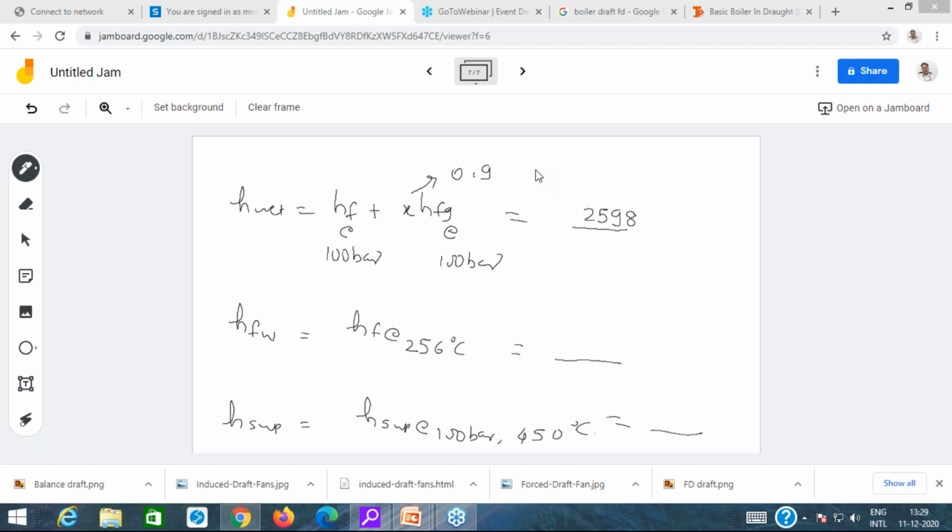H of wet steam, see, it's simple. You need to find the HF value. Gauri has also given me 2598, HF plus X HFG. Ganesh has got a different answer. Ganesh, please check. HF at 100 bar, how much is HF at 100 bar?